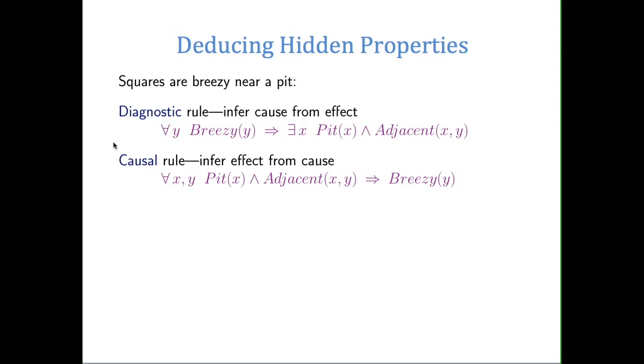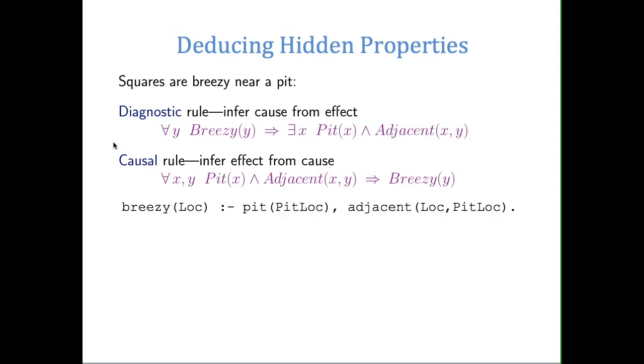Conversely, if we know that there is in fact some pit, we can deduce that the adjacent locations must be breezy. So for instance, we could say that for all x and y, if there's a pit at location x and x's location is adjacent to y, then we know that y is breezy.